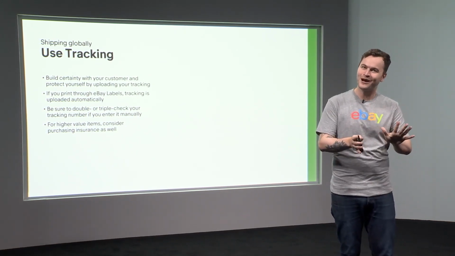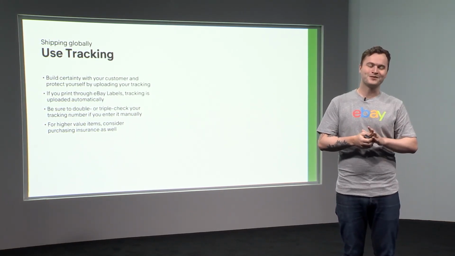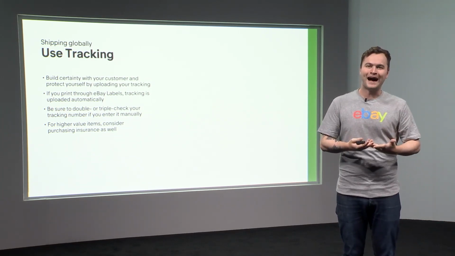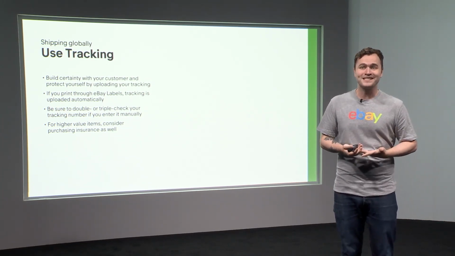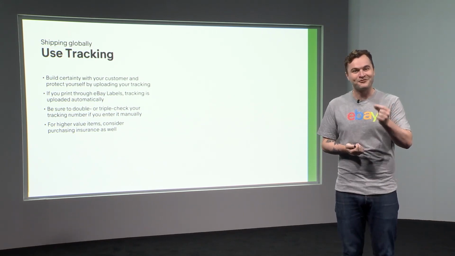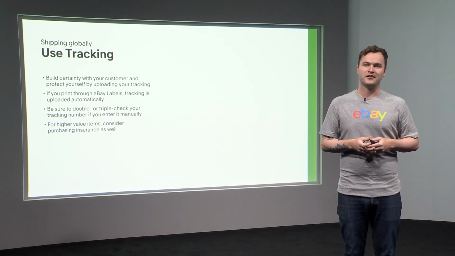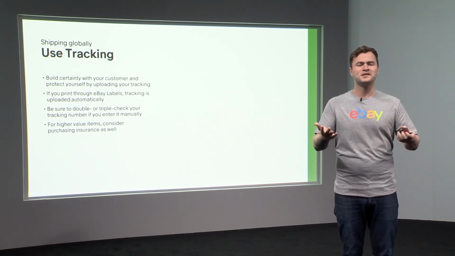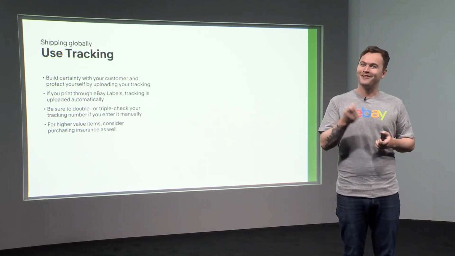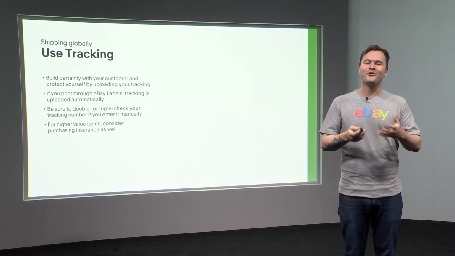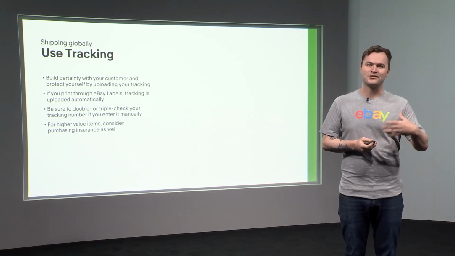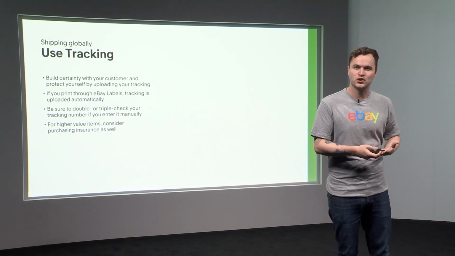I cannot tell you how many times we've heard of sellers who went out of their way to buy a tracked service only to find that they entered the wrong number when they uploaded it to their eBay item. Of course, you can fix that afterwards, provided you still have the number, but important to double check, triple check so that you don't run into those issues.